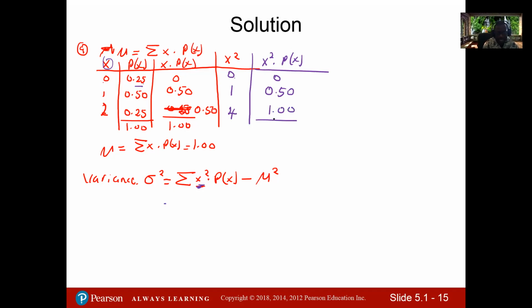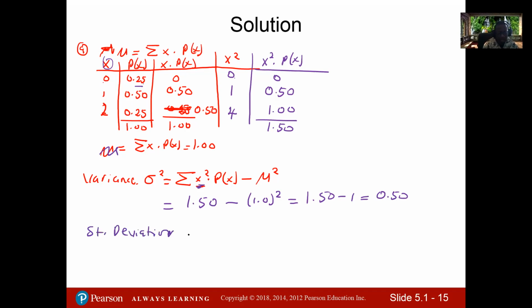According to this formula, we add this column, and that gives us 1.50. Then we have 1.50 minus mu squared, that is 1.0 squared. When you evaluate this, that should be 1.50 minus 1, which is 0.5.